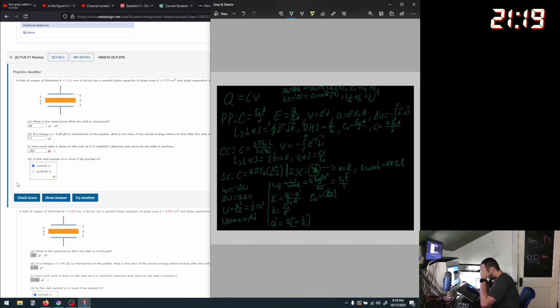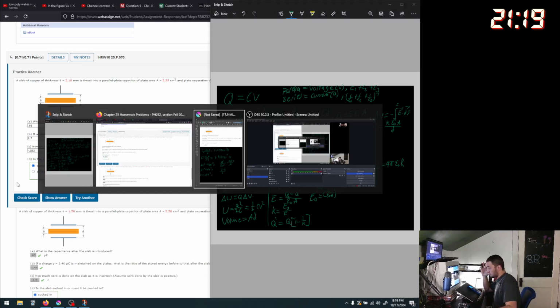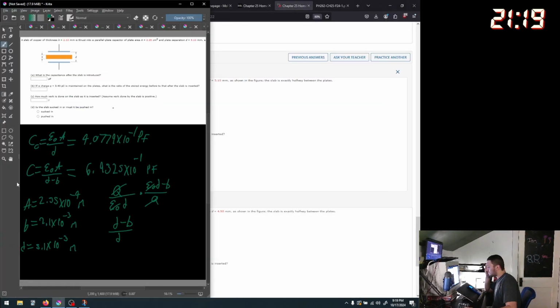Q squared over 2C, final minus initial. This is C final, C initial, plugged it in.